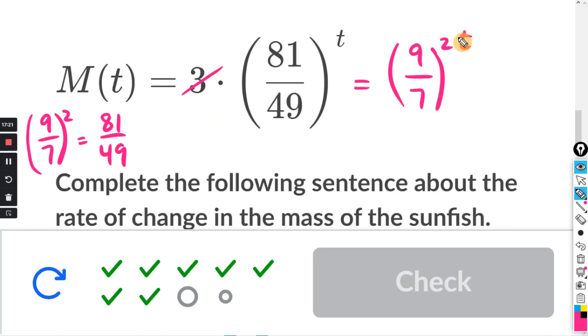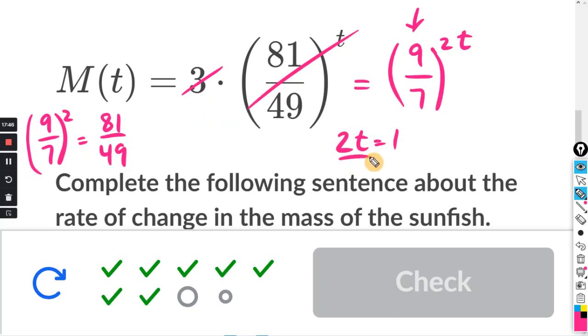Okay? So basically, we want to see how often this exponent goes up by 1, not this one. They asked us how often it gets multiplied or increased by the factor of 9/7. So this has to go up by 1 each time. So just set the 2t equal to 1.